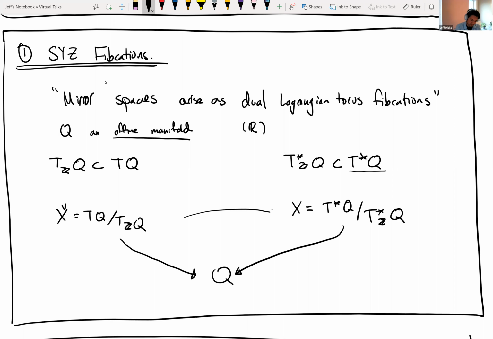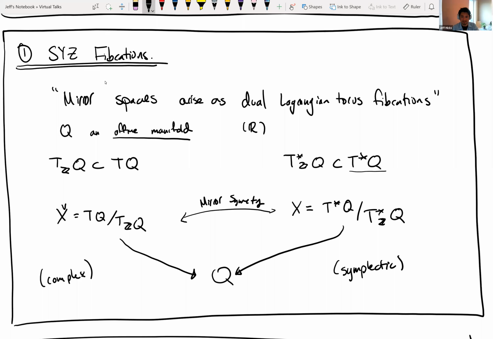And the perspective for this talk is that mirror symmetry is the interchange of X with X check. So here I have some kind of symplectic space, and here I have some kind of complex space.